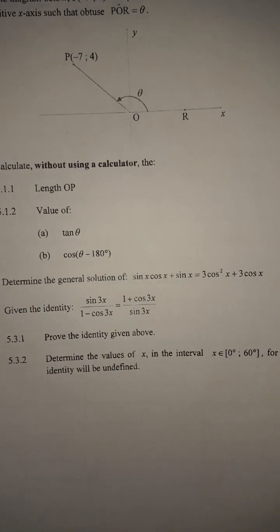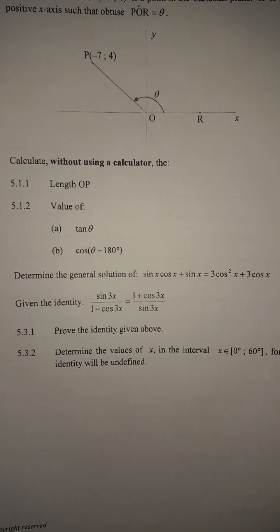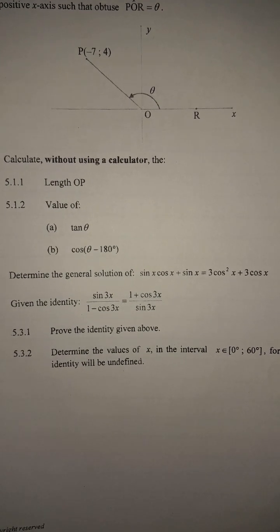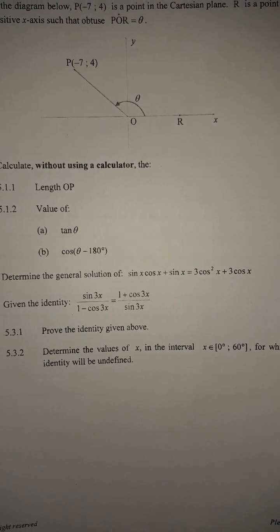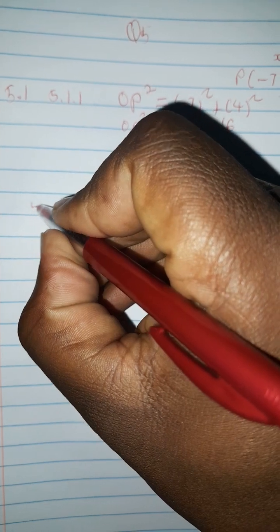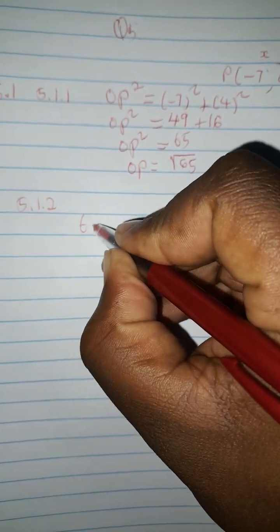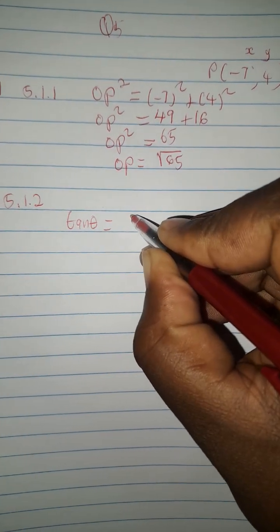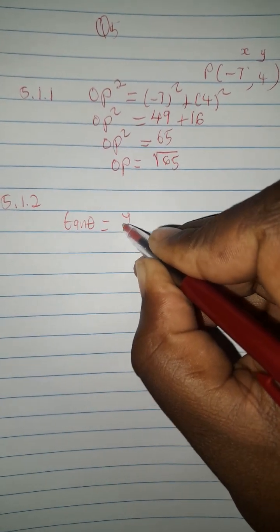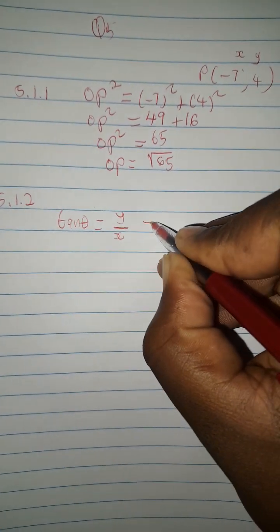Let's go to 5.1.2. At 5.1.2, we are required to calculate the value of tan theta. Let's see how we can get tan theta. To get the value of tan theta, it's the same as opposite over adjacent, so y over x in this case.